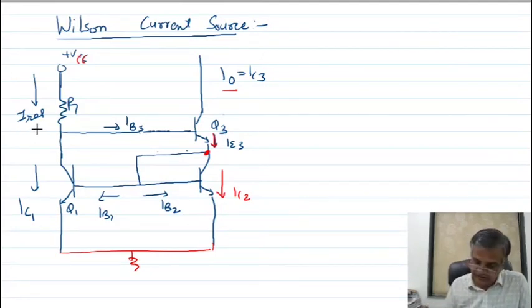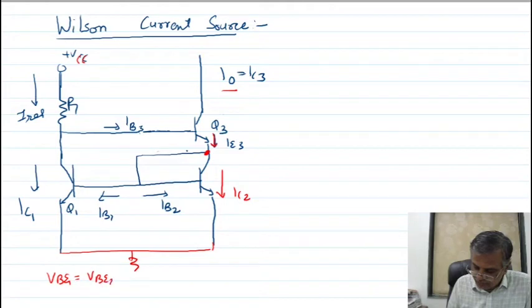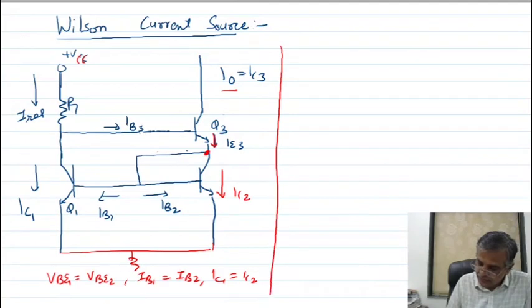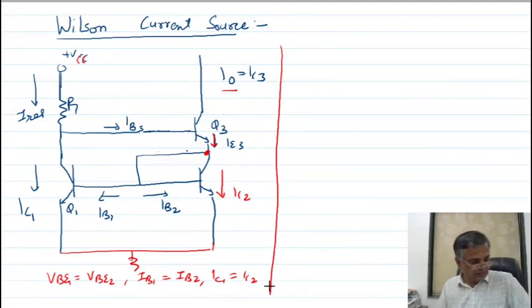Let us prove very easily. You can say here VBE1 is equal to VBE2. So IB1 is nearly equal to IB2, and IC1 is equal to IC2. Now it's very easy.